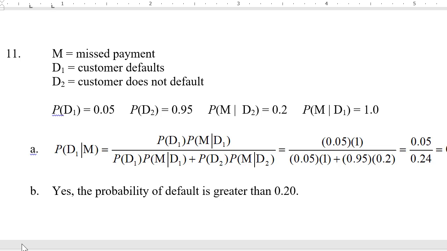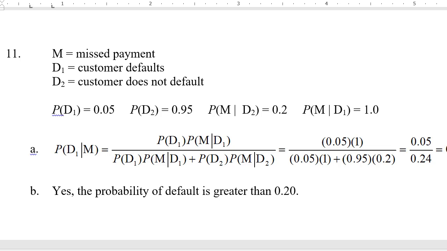Now we want to calculate, using Bayes' theorem, the probability of D1 given that they've missed a payment. We plug into the formula with just 2 items, and we get 0.21.